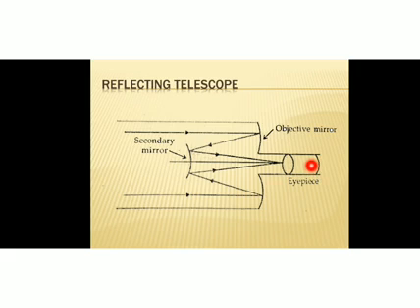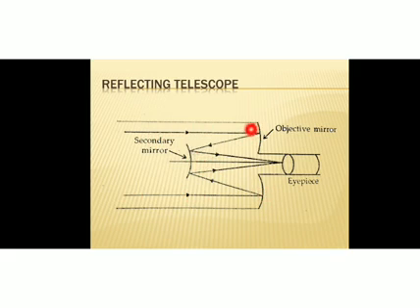Now what is the working? The parallel rays from the distant object are reflected by the large concave mirror. So this is the large concave mirror, and these are the parallel rays coming from the object. These parallel rays are reflected by this objective mirror, the large concave mirror.